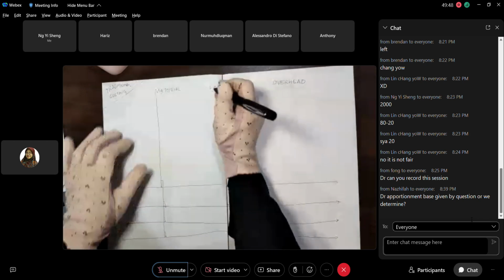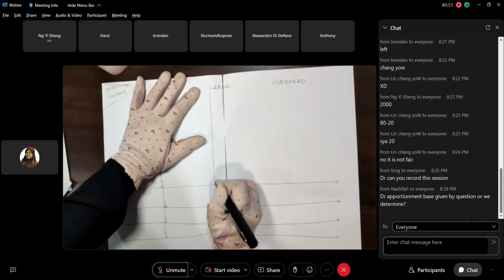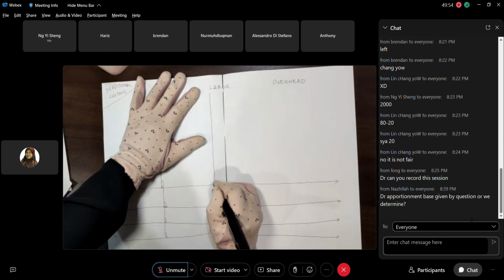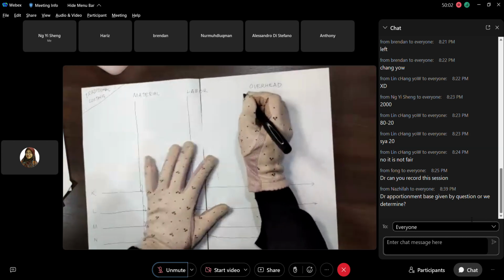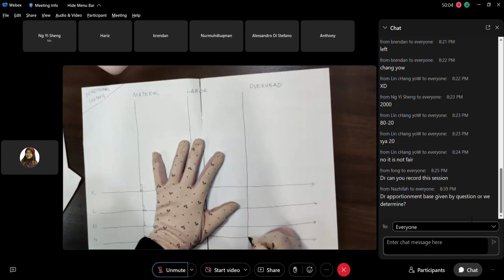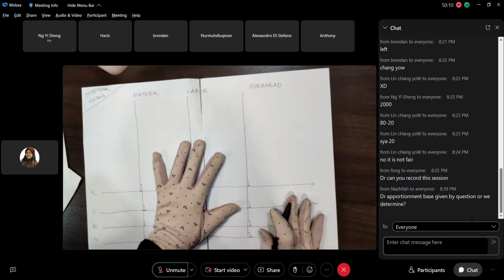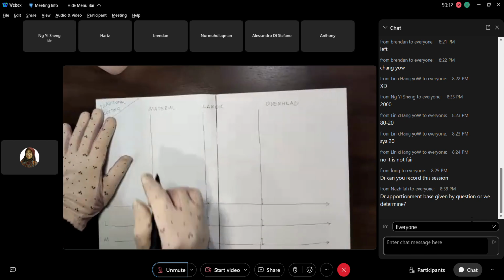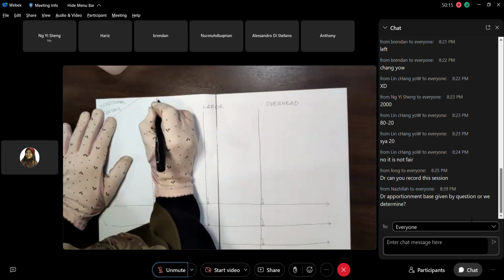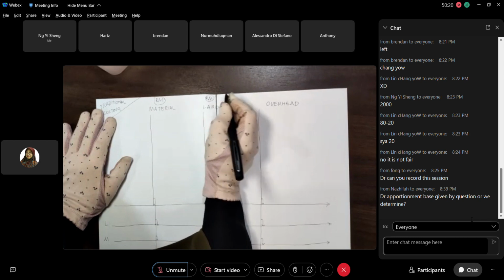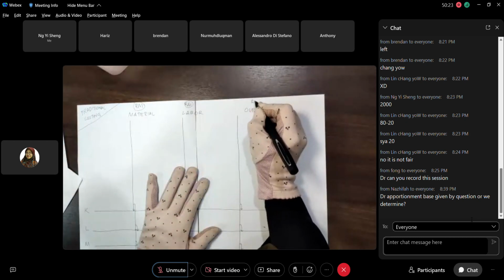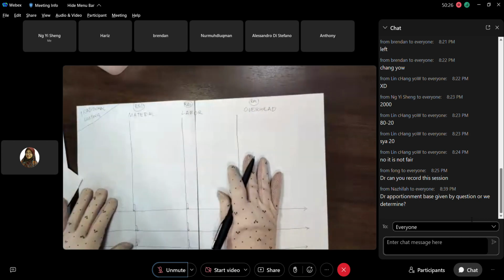Same as this one, the labor, you want the cost to be absorbed by K, L, M, N. And then overhead, absorbed by product K, L, M, N. Make sure the value must be in RM. This one is also in RM, and this one is also in RM.